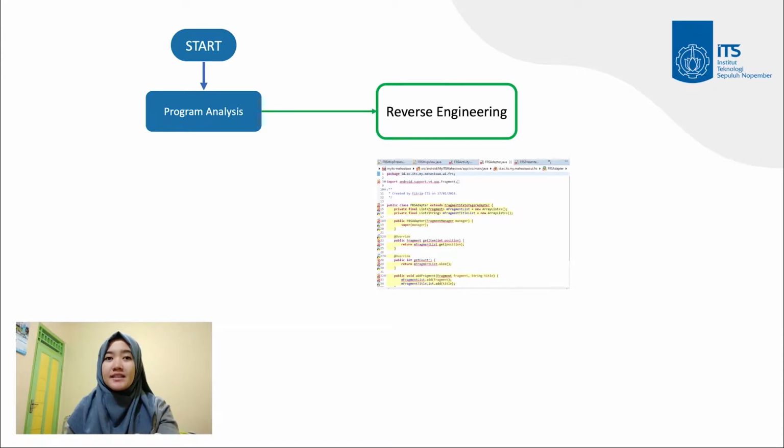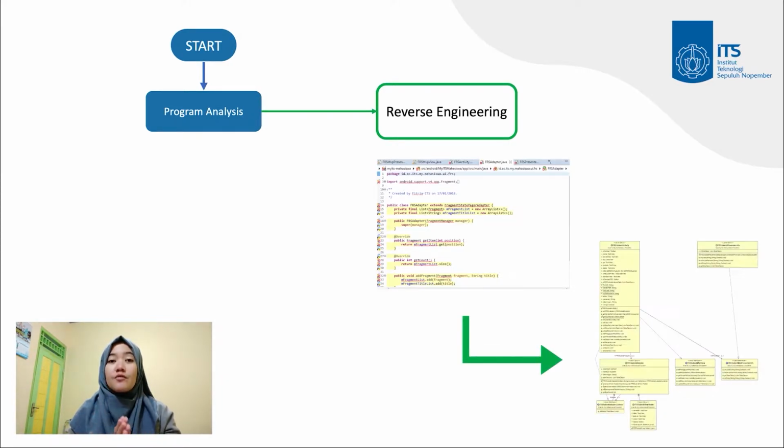Apart from analyzing the source code, this process also converts the source code into class diagram to get the design of myITS system. In general, the system design in myITS development uses the MVP architecture, model, view, and presenter. From this process, we get several parameters that are used to test the quality of the myITS application.